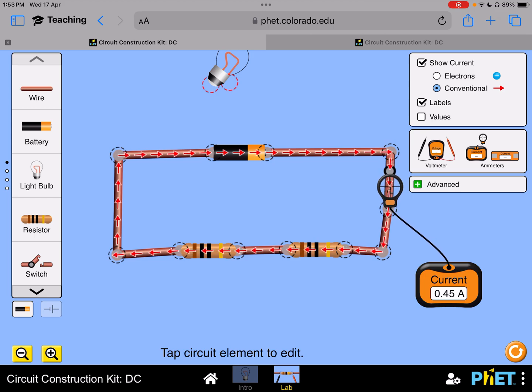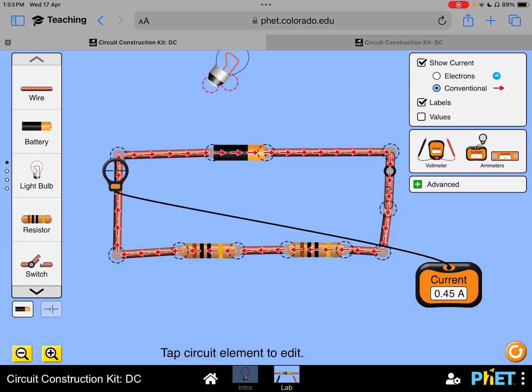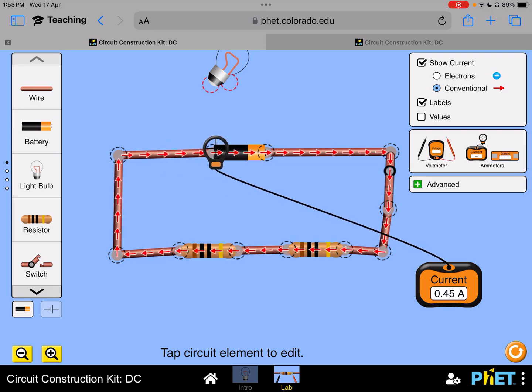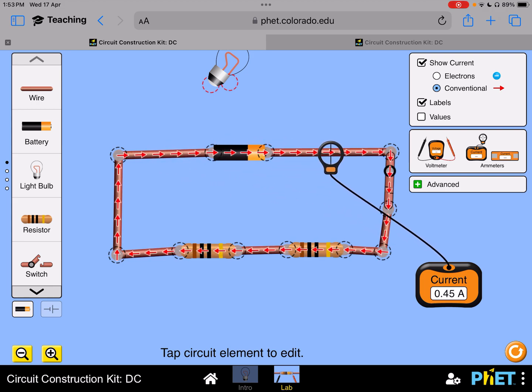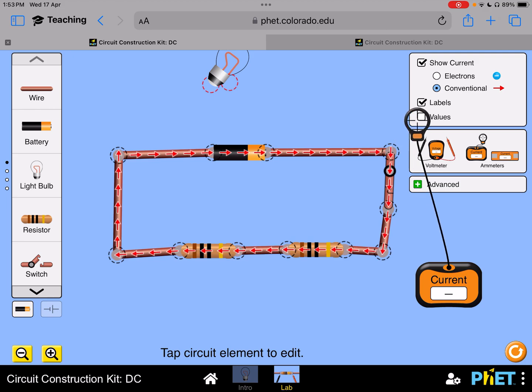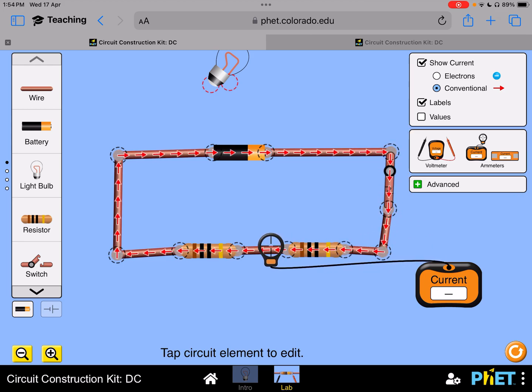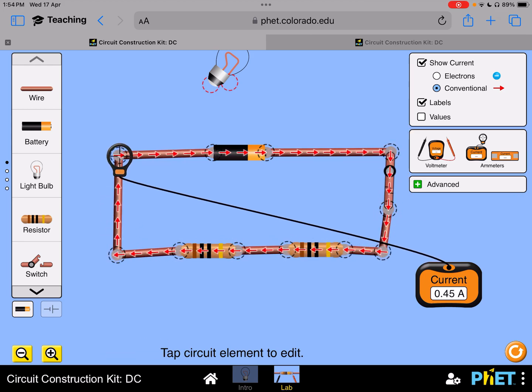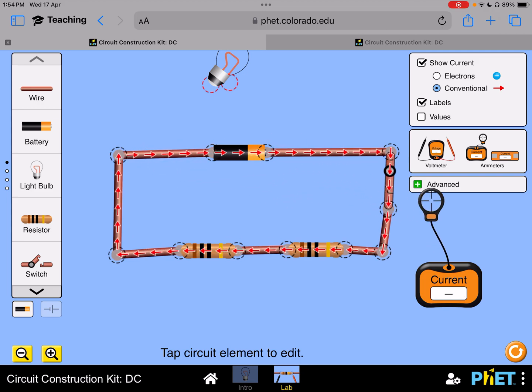I'll move through this and you observe how it changes. Even moving through the resistor, you will see that the current remains the same at every point. That's one unique characteristic of a series circuit, because there's only one path for the current to move. So inevitably, at every point it has to be the same amount of current.